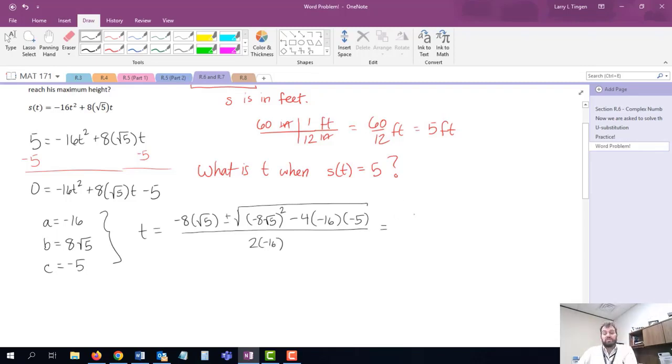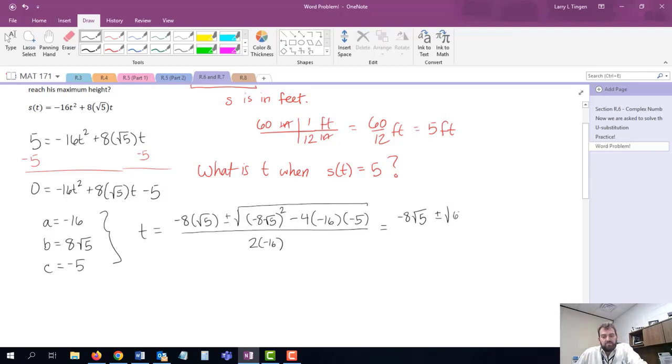Now, what's going to happen here? Negative 8 times the square root of 5 is just negative 8 times the square root of 5. There's nothing to do there. Plus or minus the square root. Now, negative 8 times the square root of 5 squared means negative 8 times the square root of 5 times the square root of 5. Negative 8 times negative 8 is positive 64. The square root of 5 times the square root of 5 is 5.